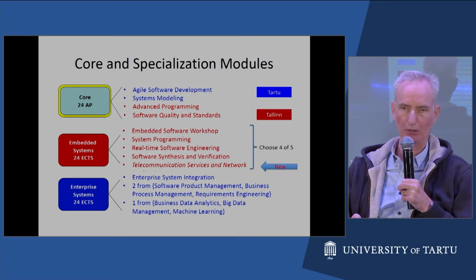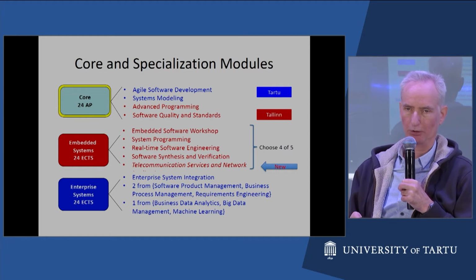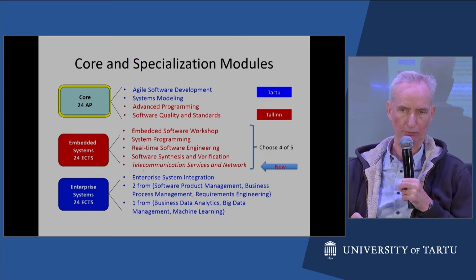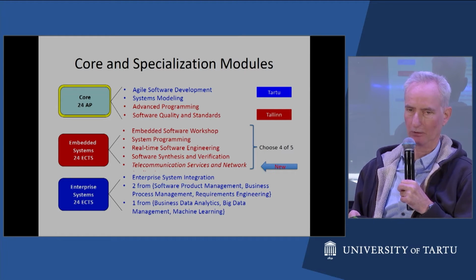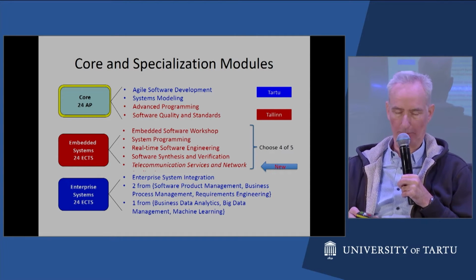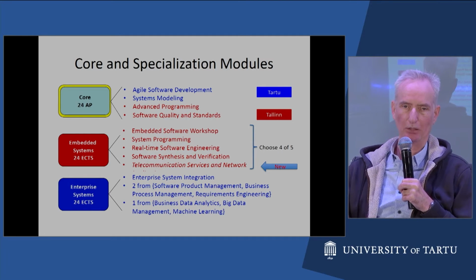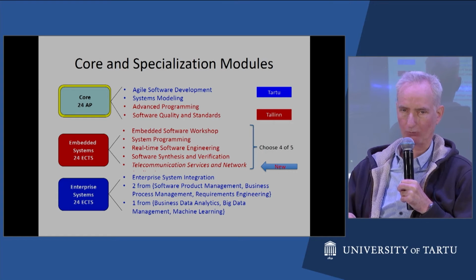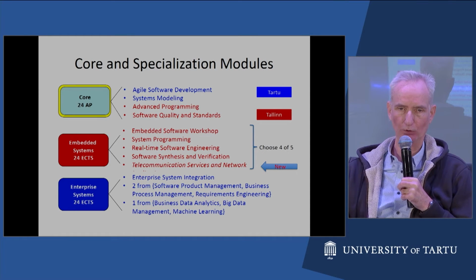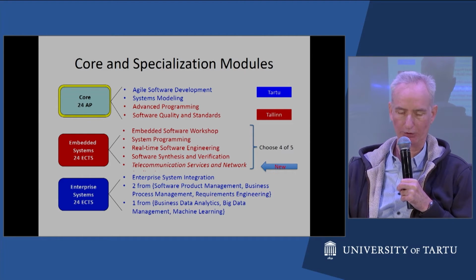But then you can pick 2 from 3 courses on product management, process management, requirements engineering, and 1 course from business data analytics, big data management, and machine learning. And by the way, those courses that are listed here and you don't pick for inclusion in the specialization module, they can of course be taken as an elective course or as an optional course.